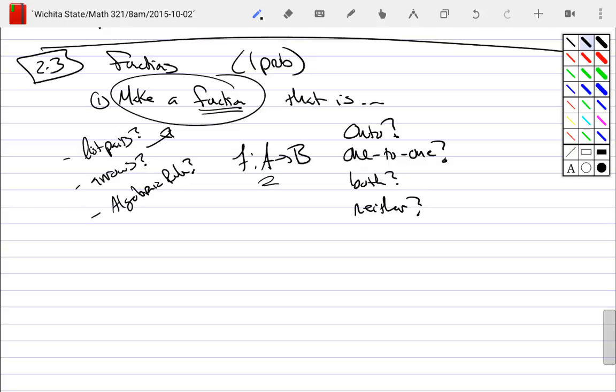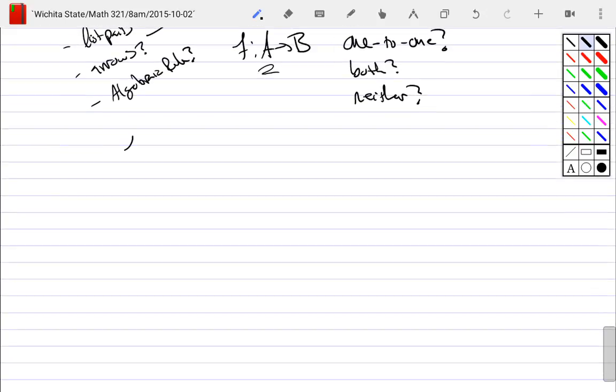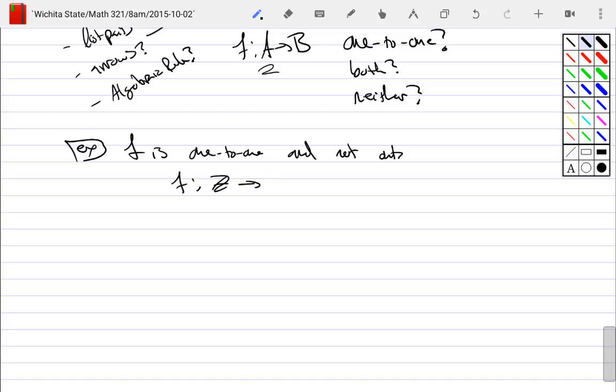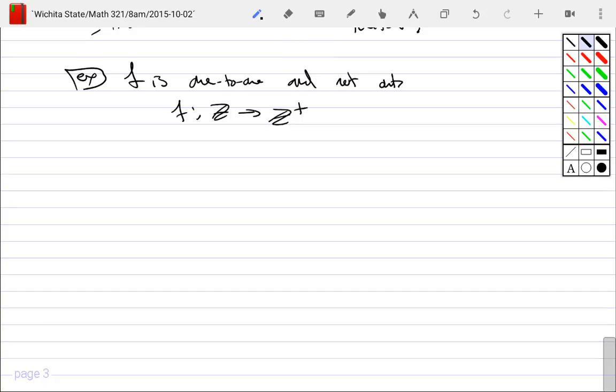What does that tell you about the domain? What if I said this? F is 1-to-1 and not onto, and F goes from the ints to the positive ints. And this is what you gave me: 1, 2, 3, 4, 5, ... arrow, arrow, arrow, arrow, dot, dot, dot.